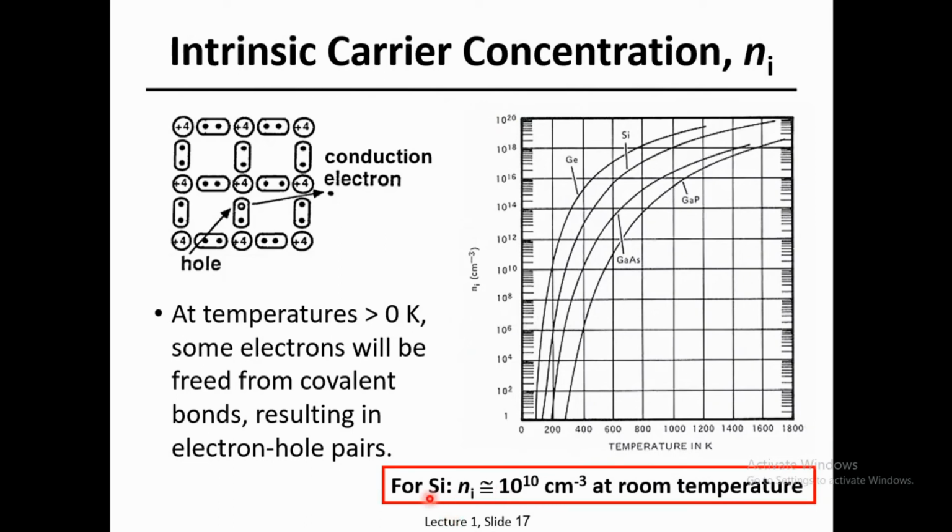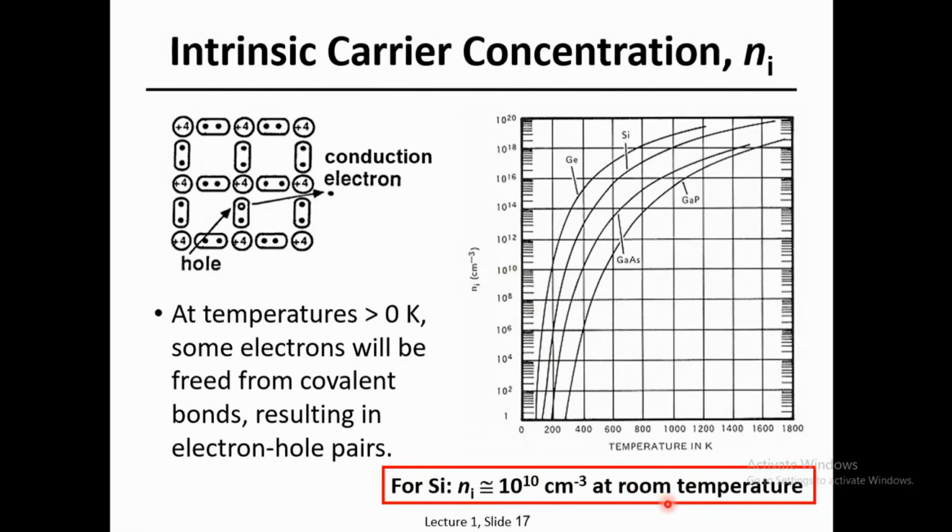So here the silicon, if we look here, is roughly 10 to the 10. So we are referring to this value for silicon at this point, at 10 to the 10 per cubic centimeter, if we're talking about room temperature.